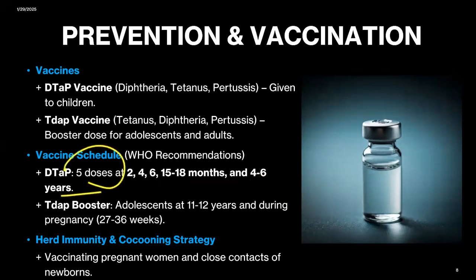So this is the course of the DTaP vaccine. DTaP booster at adolescence, age 11 to 12 years, and during pregnancy at 27 to 36 weeks. Herd immunity and cocooning strategy: vaccinating pregnant women and close contacts of newborns.